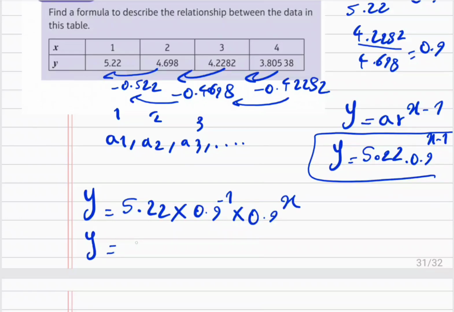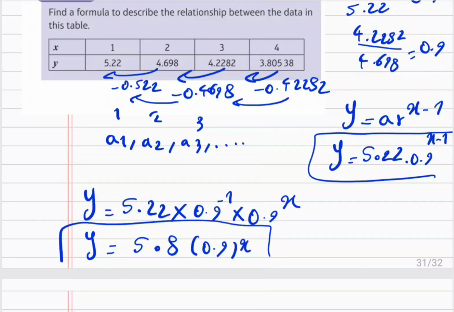When we simplify this, it becomes 5.8 times 0.9 to the power of x, which is in a nicer form. And that's basically the answer. We can obviously check by giving values to this, which give us the following y values for x from 1 to 4.